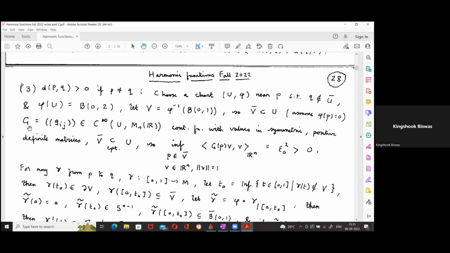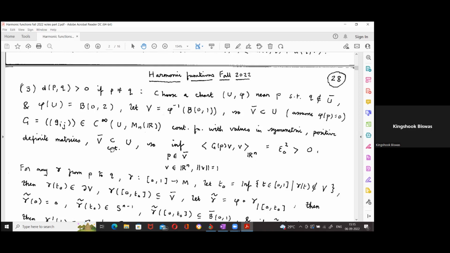Now look at the matrix G_ij. This is a smooth function from U to M_n(R). In particular, it's continuous and it takes values in symmetric positive definite matrices.